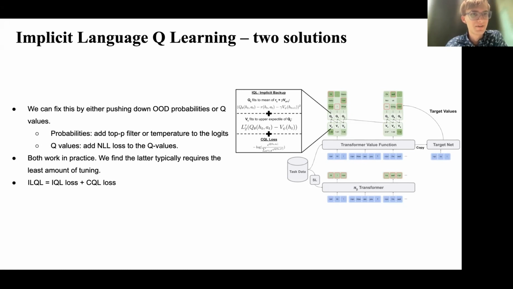We're not using it to fix all of the offline RL problems. So you just set it to a very small weight, and it usually does fine. Yeah, so we do need to add this. And so when we talk about ILQL, we're talking about the implicit Q learning loss plus a CQL, conservative Q learning, negative log likelihood loss term. And so this is the whole training procedure.